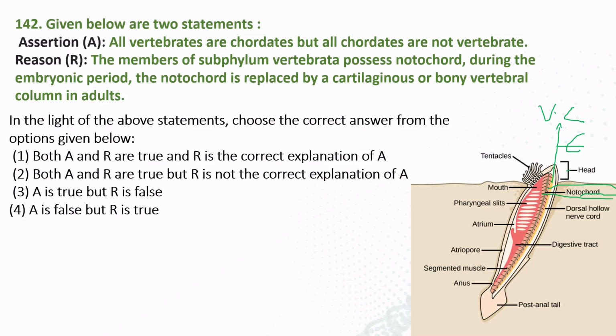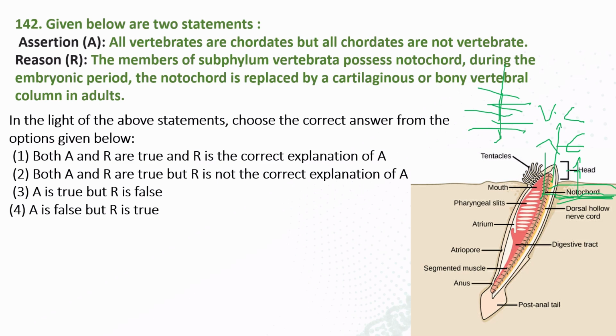According to the second reason, the members of subphylum Vertebrata first of all contain the notochord itself, and then it is developed into a specific vertebral column, like the backbone in humans, animals, and everything. In the specific evolution it is formed into the vertebral column or the backbone.